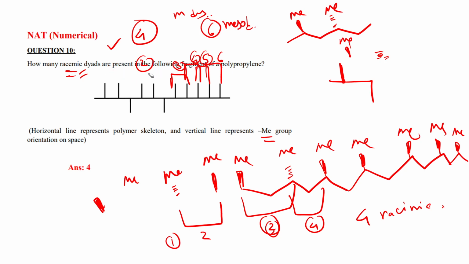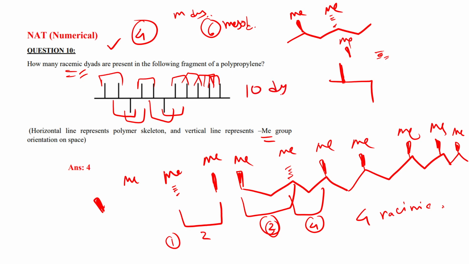So the percentage also we can confirm like this. The dyads present are one, two, three, four, up to ten. So a total of 10 dyads are there.